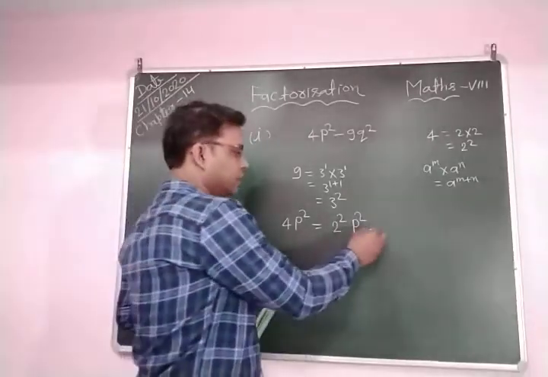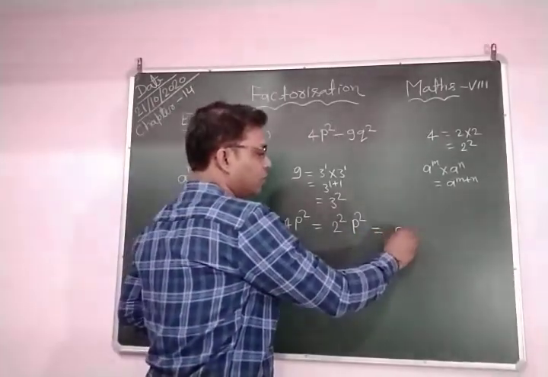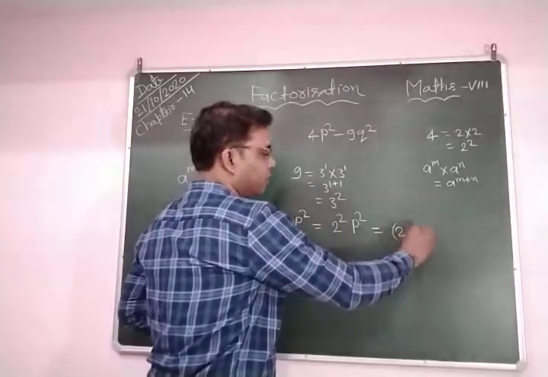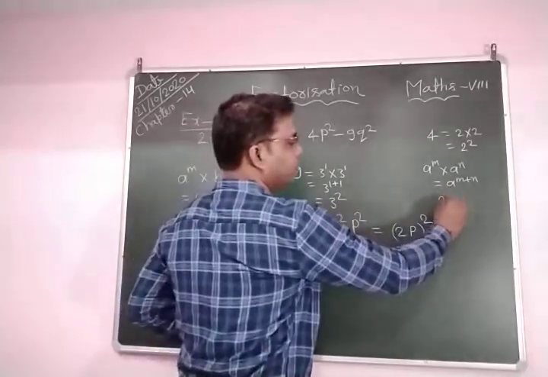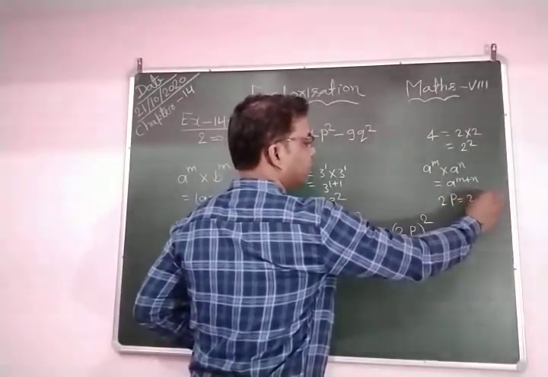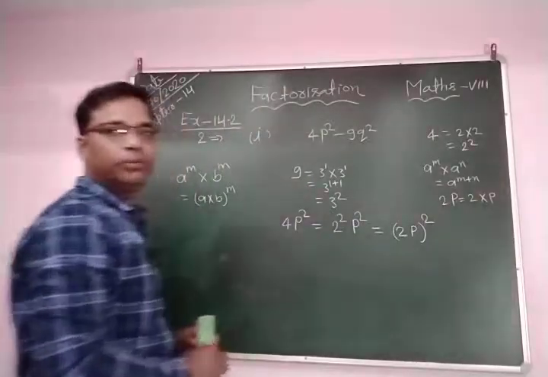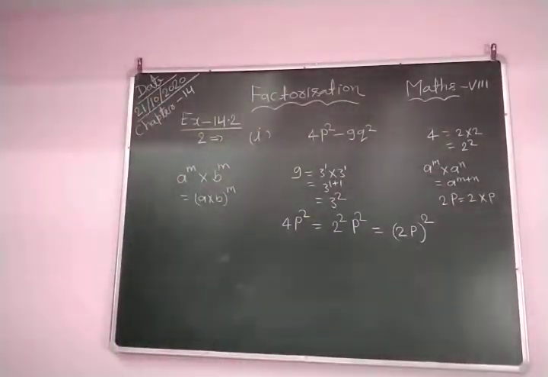So you can write it like this: 2p whole power 2. Clear? 2p means 2 into p.